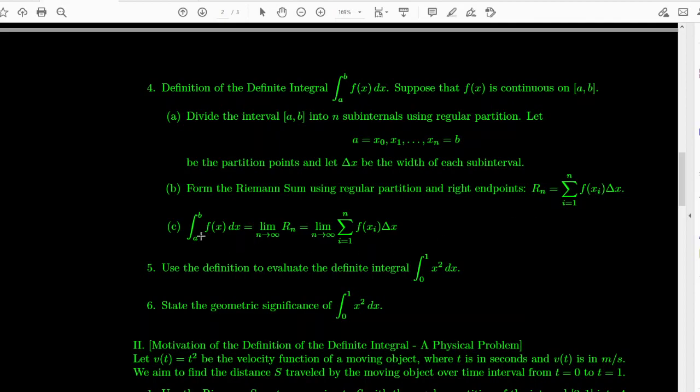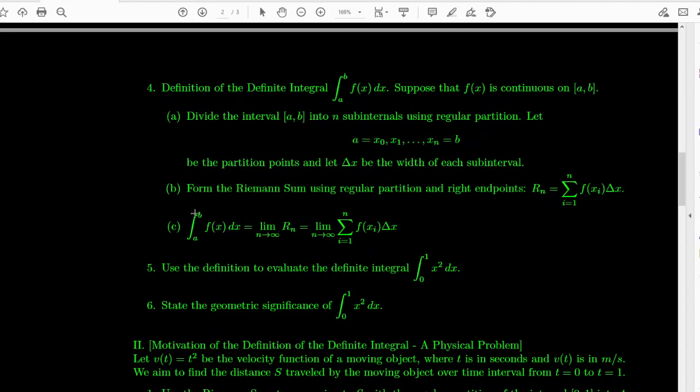And then the definite integral of the function is defined as the limit of the Riemann sum. This is the definition of the definite integral. Again, very shortly I will mention the geometric meaning of the definite integral.